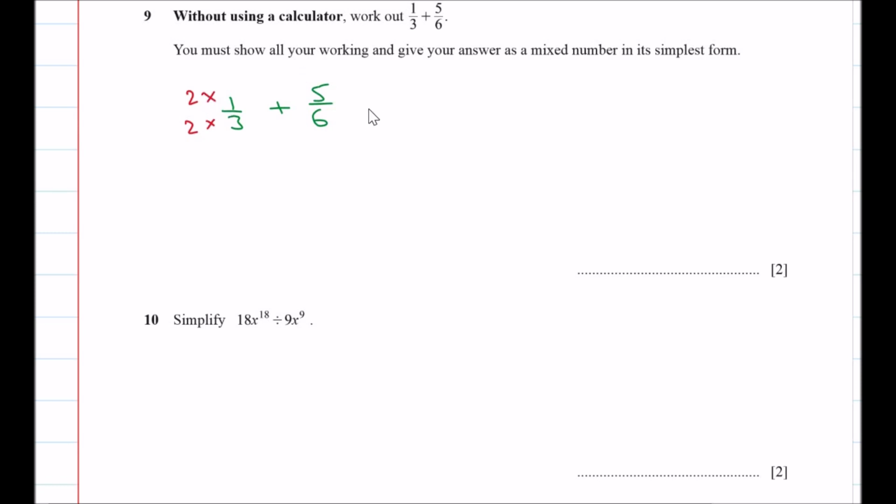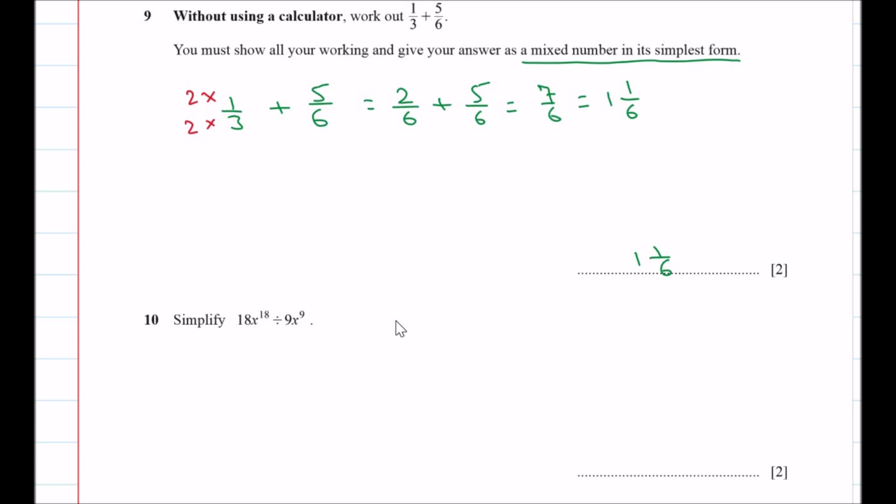And then this comes 2 by 6 plus 5 by 6, that is equal to 7 by 6. That is one whole. If you write as a mixed fraction, we get 1 whole 1 by 6. So that is your answer. Question is asking as a mixed number in simplest form. So the answer is 1 whole 1 by 6.